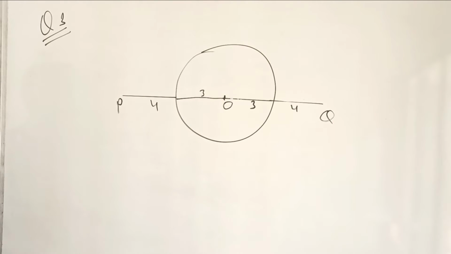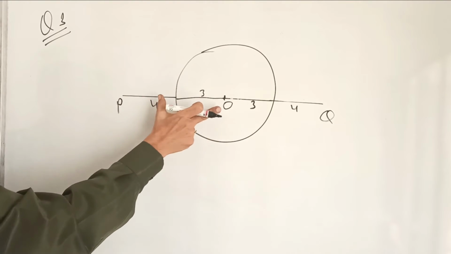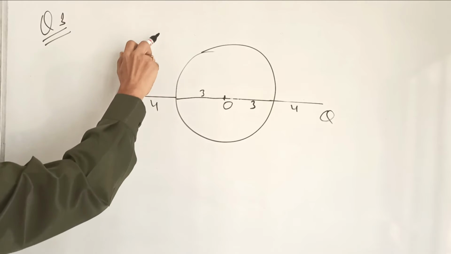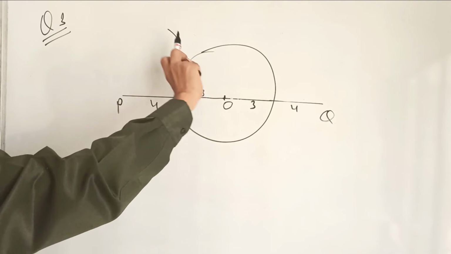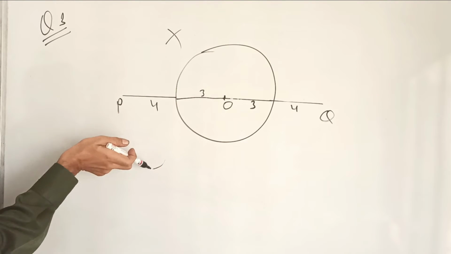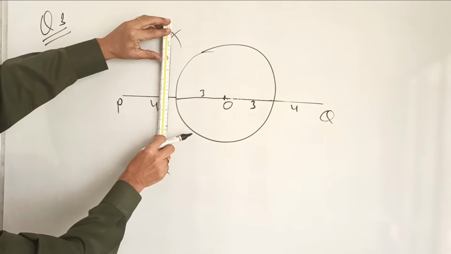Okay, student, the same procedure, same concept that I discussed with you right now. So you bisect OP. We will bisect OP with center O, with center P, then at the lower part with center O, with center P, then join this one.